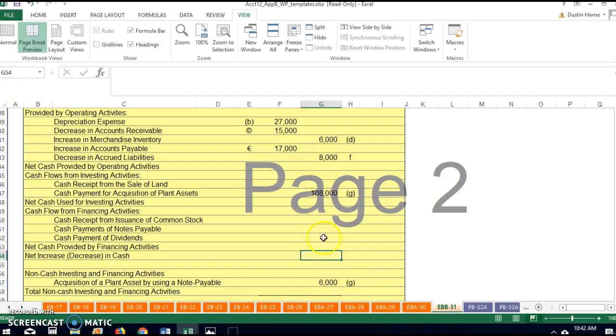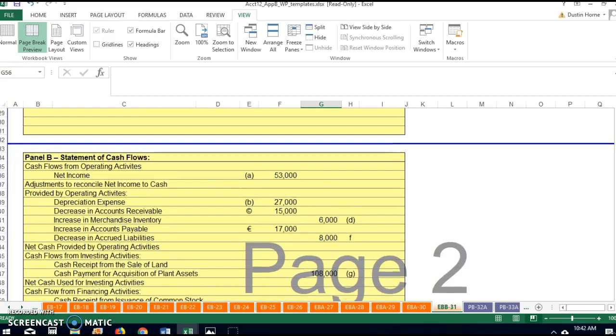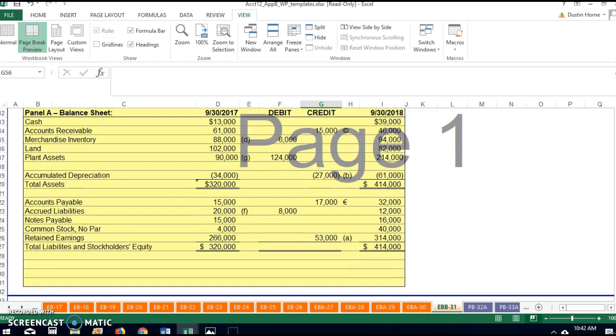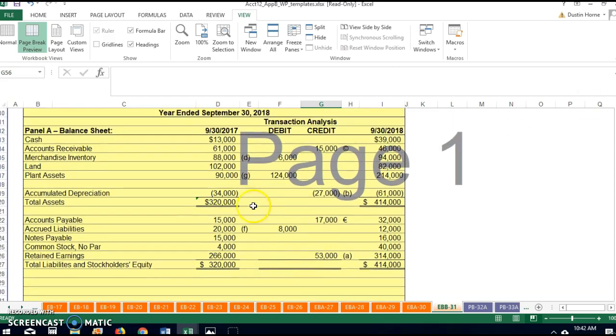So now we have the $124,000. So that should be $16,000. So there's that. Now let's go to our next investing activity. We also sold something, land, for $20,000. So land is an asset. We need to decrease it because it went away.